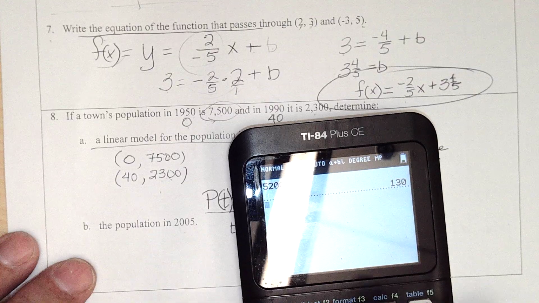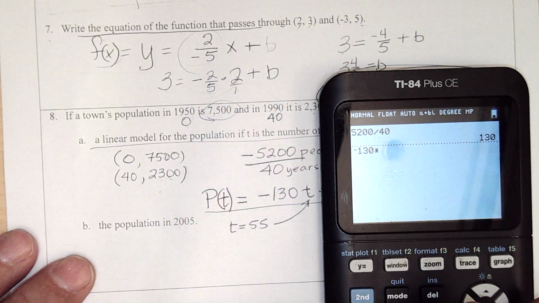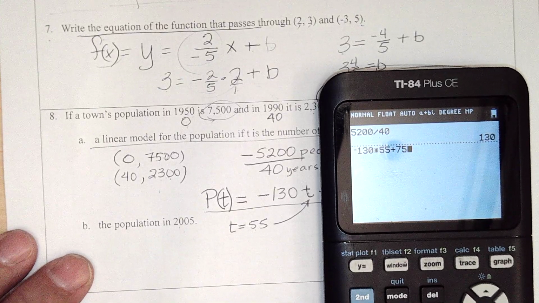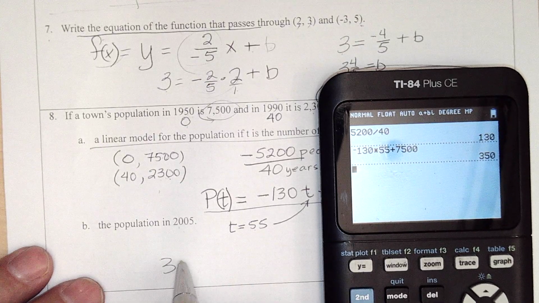So negative 130 times 55 years later, losing that many people, starting with 7,500, and we'd end up with 350.